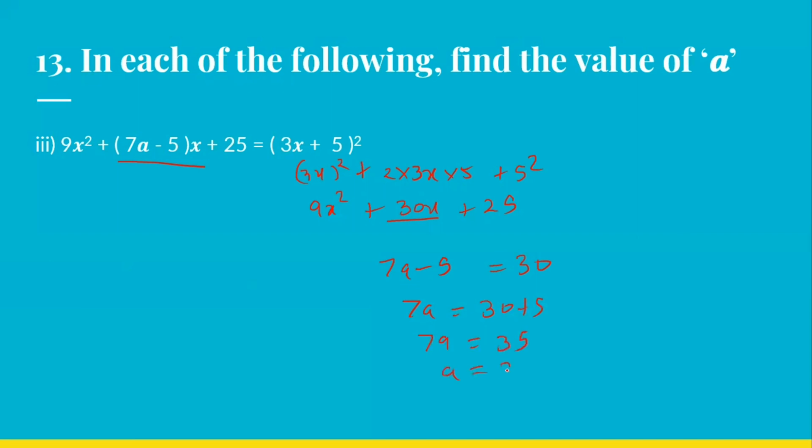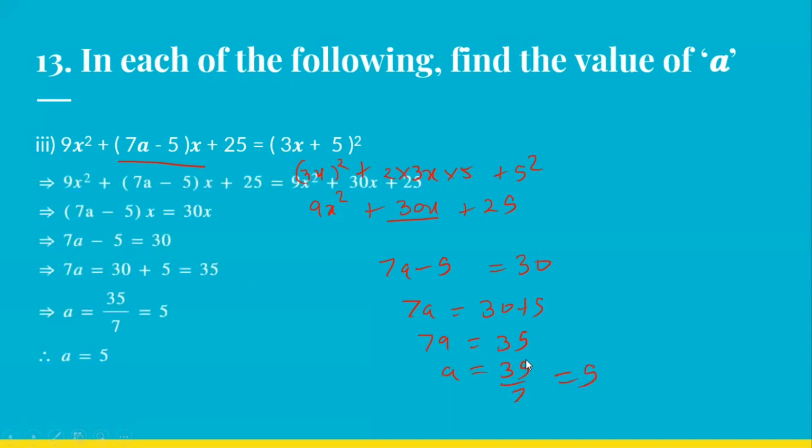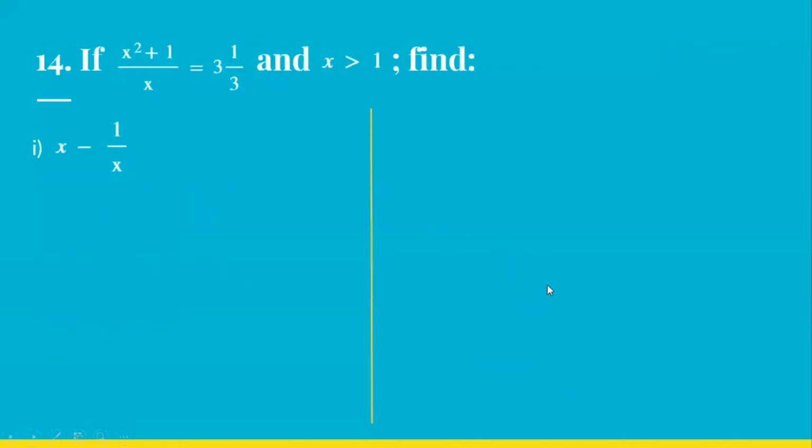So a is equal to 35 divided by 7, which is 5. Got it? This is how you get the value of a as 5. Easy. What you have to do is just compare LHS and RHS, compare the coefficient of x, and you get the value of a.